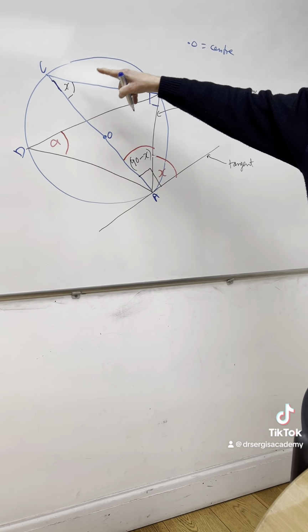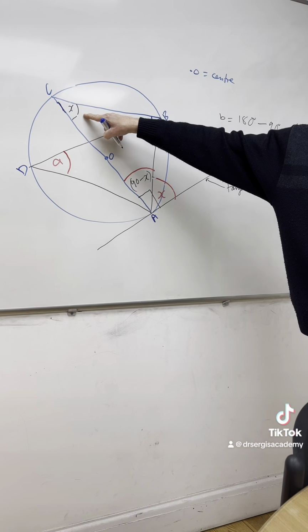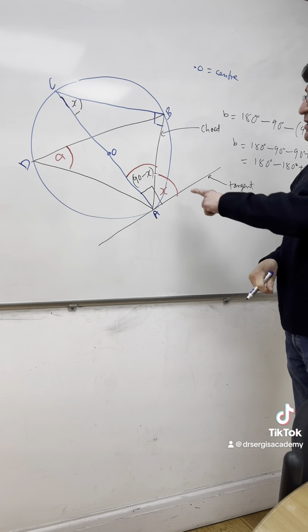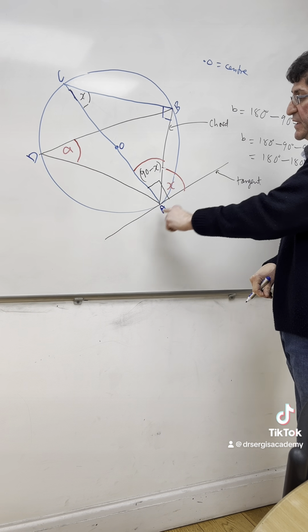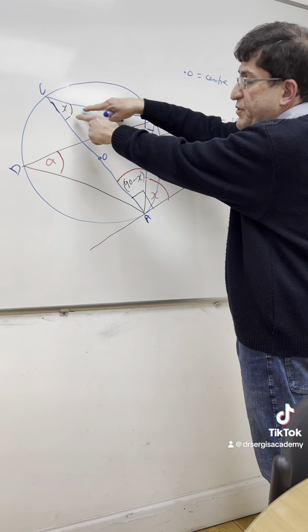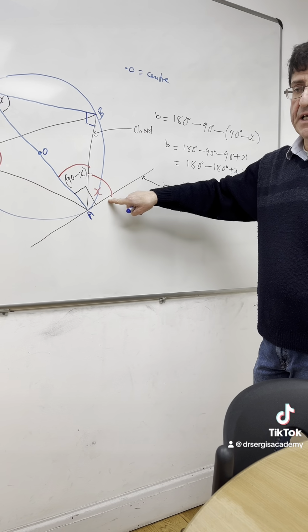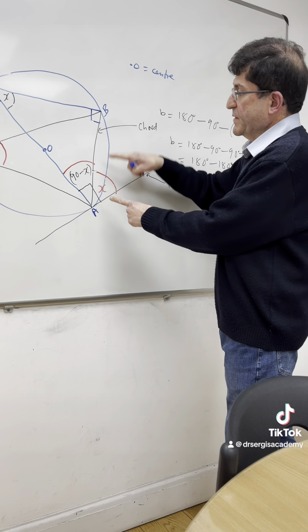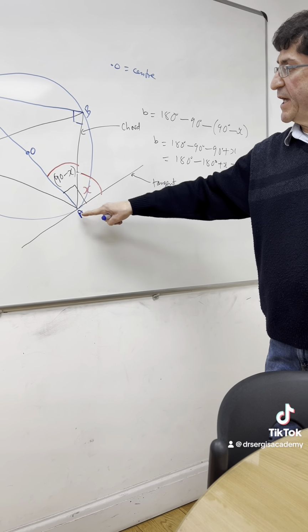So therefore this angle x is also this angle. So in other words, the angle between the tangent and the chord is x, and the angle subtended by the chord is also x. So the angle between the tangent and the chord is x, which is also equal to the angle subtended by the chord at point C, by this chord AB.